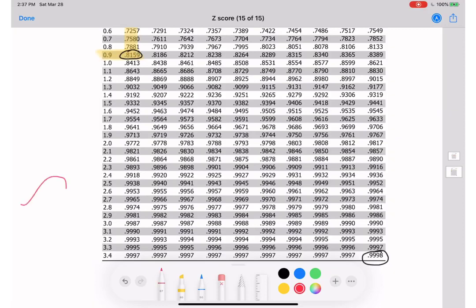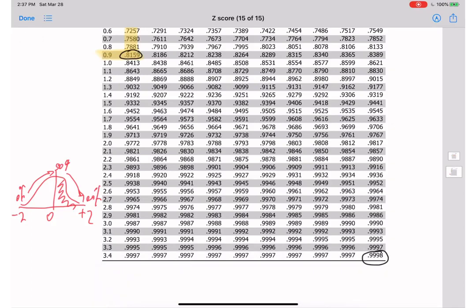If you have this score as 0, this is the highest 50%, it starts with 50% to 100%, and that's a positive z-score, just like we have here. And the negative z-score is going to treat from 0% to 50%. Which means every time you have less than 50%, it's going to be a negative z-score. Every time you have 50% and higher, your z-score is going to be positive.